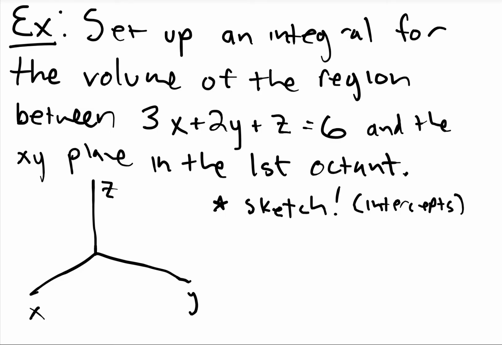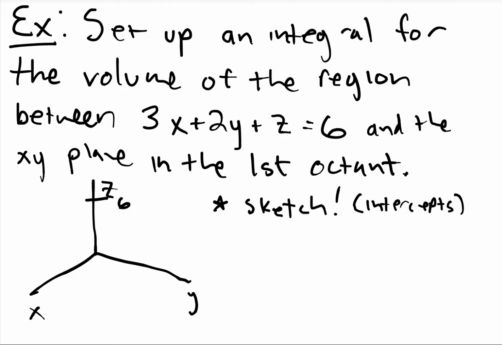So I'm asking the question, if x and y are 0, what's z? Well, in that case, z is 6. That means you go 0 units out on the x-axis and 0 units out on the y, and you end up going out 6 in the z direction.